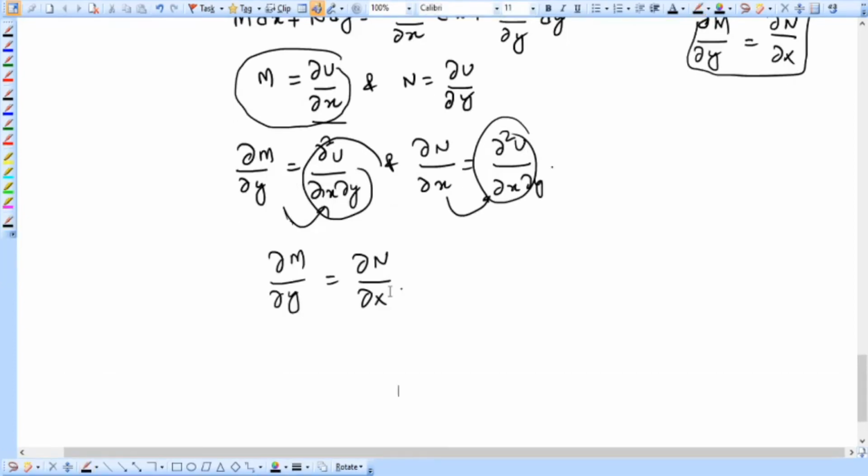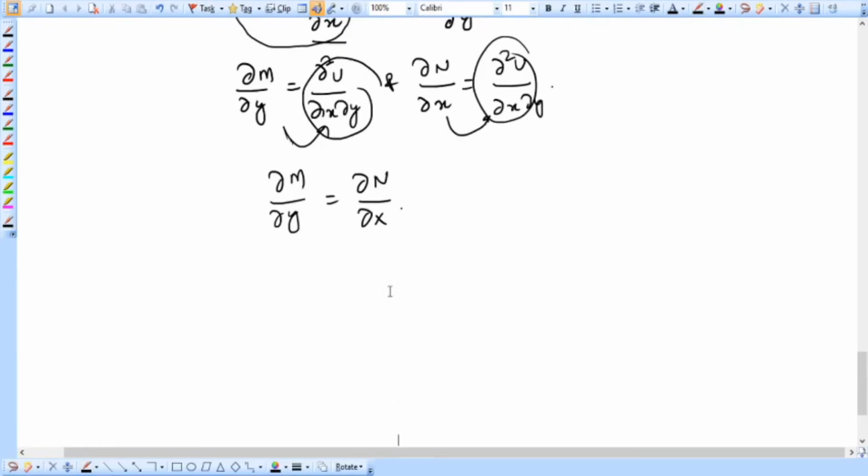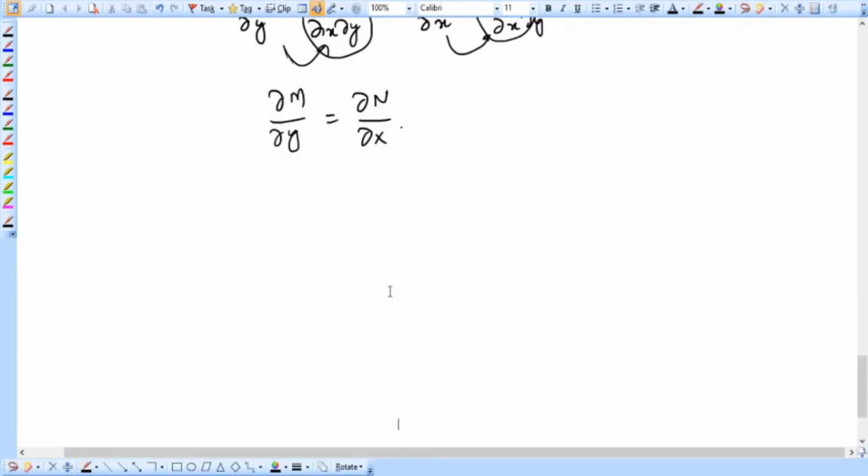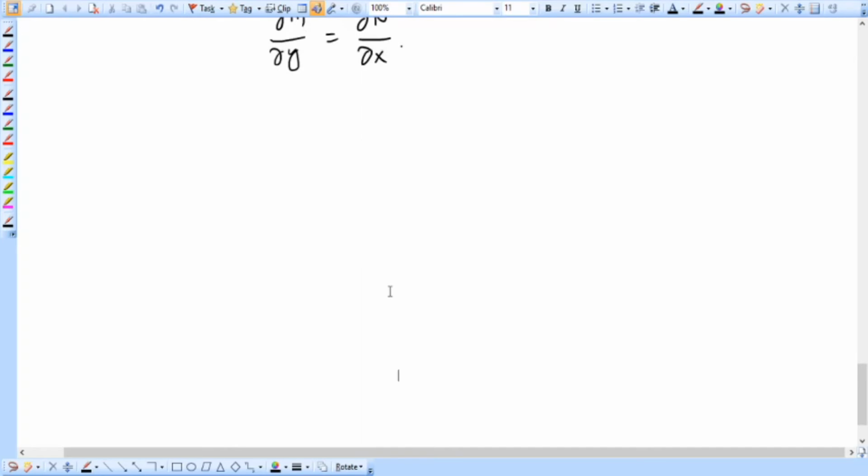Now we are going to prove the second part, that is the sufficient condition.